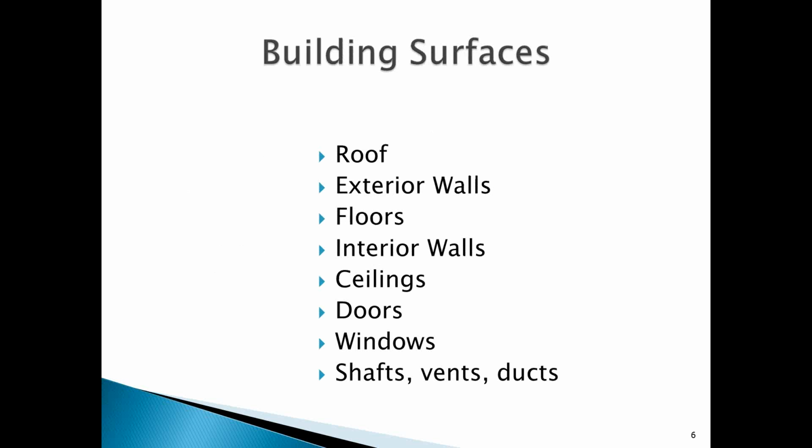Building surfaces. Whenever you're designing a barrier, keep in mind you have more than just a wall. You have the roof. If you have a building that's part of your exterior barrier, roof access has to be controlled. If there is a hatch or a doorway on the roof, it has to be secured. You must make sure your exterior walls are at least as tough as the other part of your barrier.